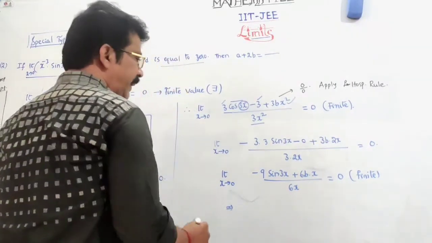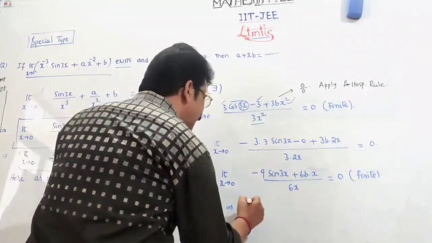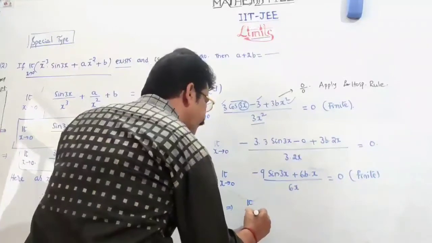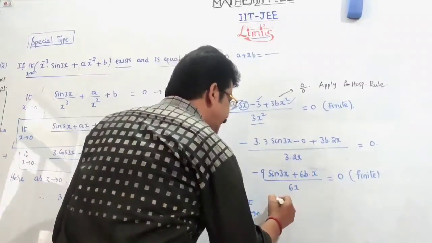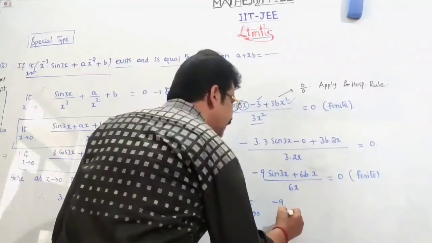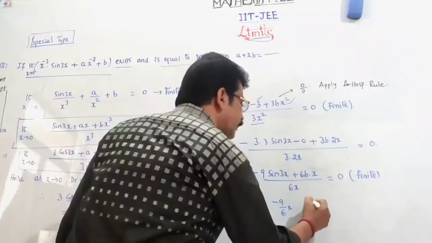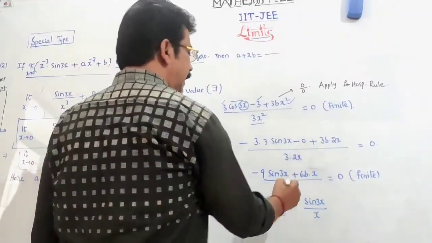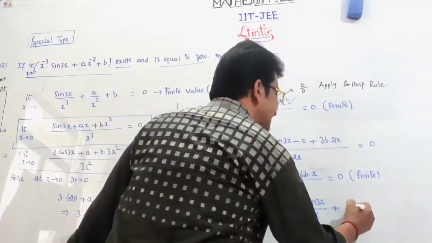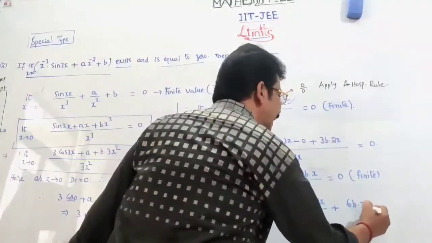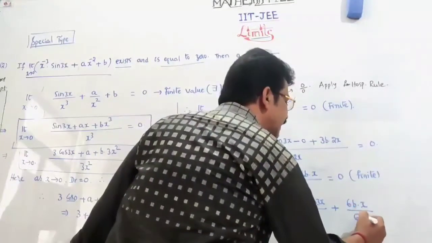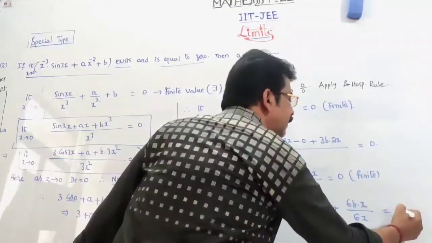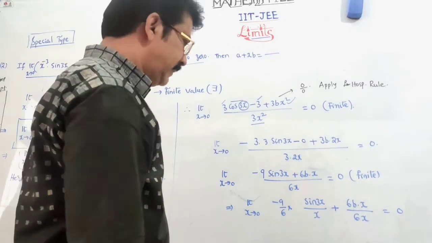So that is implied. Okay, we can separate the function, split it, minus 9 by 6 into sine 3x divided by x, later plus 6b into x divided by 6x, that is equal to 0. It is a finite number.